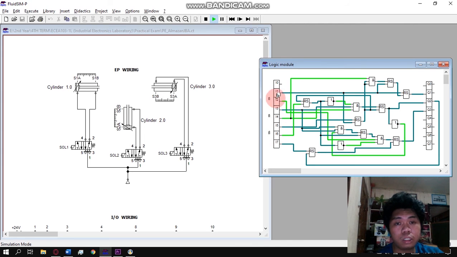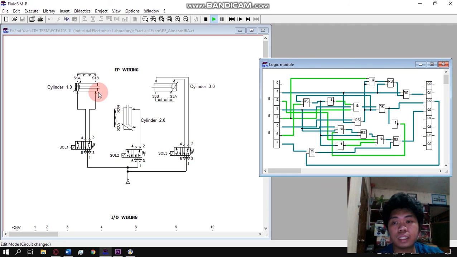The push button is connected to I1 of the logic module, in which it will give a high output whenever it is pressed. Pressing the push button will energize the solenoid, thus making the valve shift position, and the piston inside cylinder 1 will extend. The piston will then get back to its original position after extending due to the spring attached to the valve.